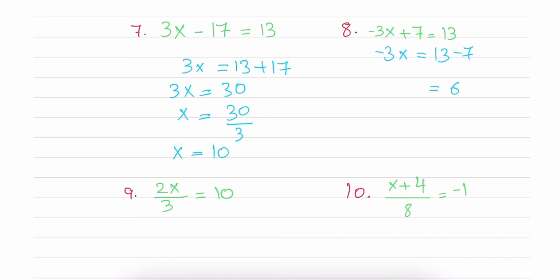So I have negative 3x equals 6. As we said, negative 3x means negative 3 times x, which means I have to divide by negative 3 on both sides. And this would leave me with x equals 6 over negative 3, which means x equals negative 2.